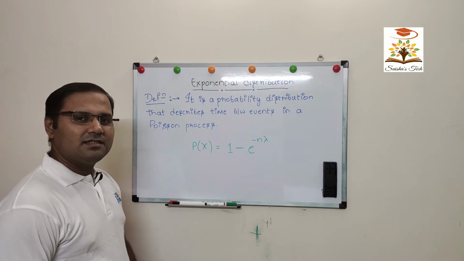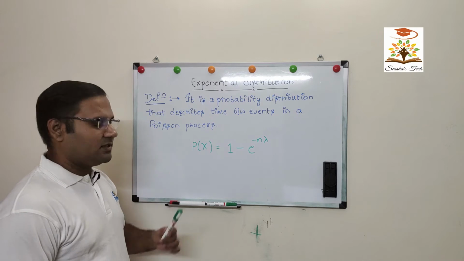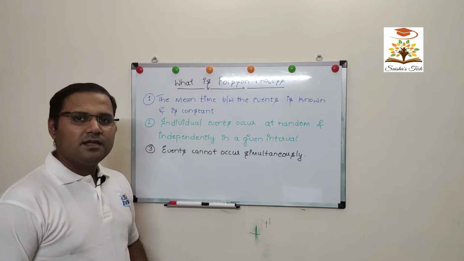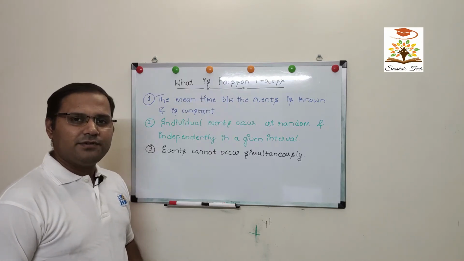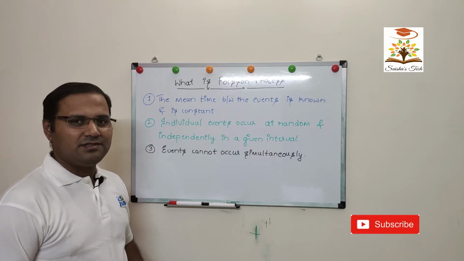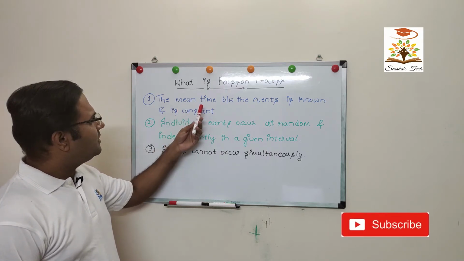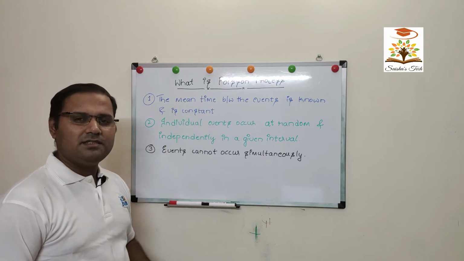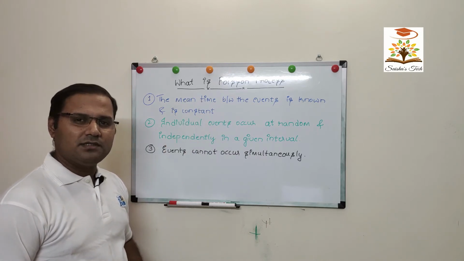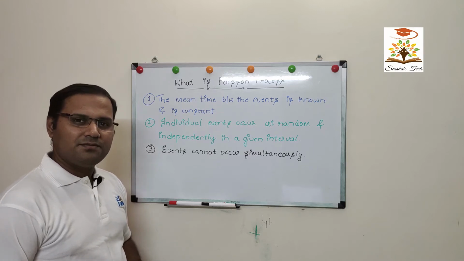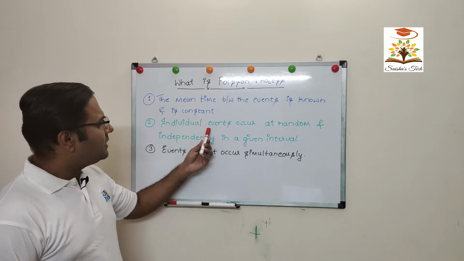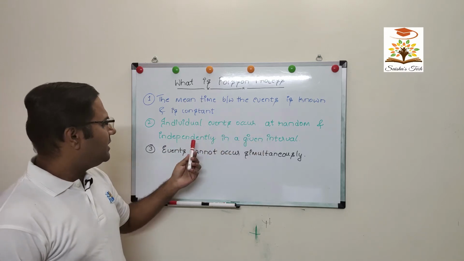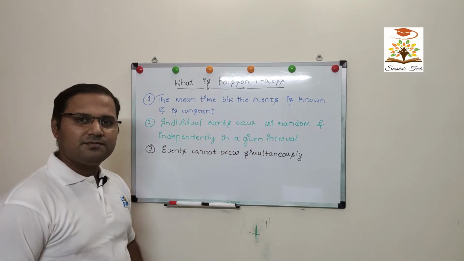Now let us understand what is Poisson's process. Let us understand the series of events which takes place in Poisson's distribution. The mean time between the events is known and is constant, which means the average time of occurrence between two events is always known. Individual events occur at random and independently in a given interval.